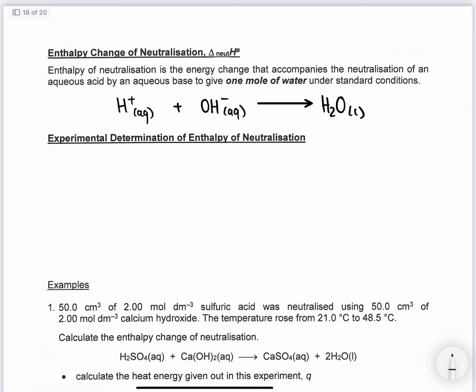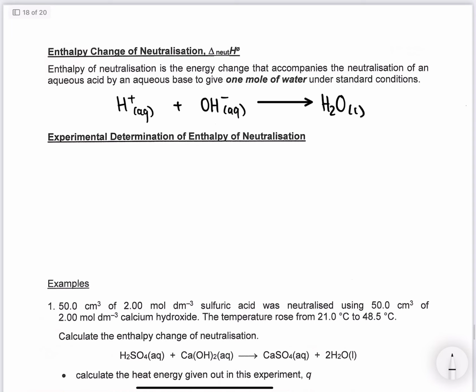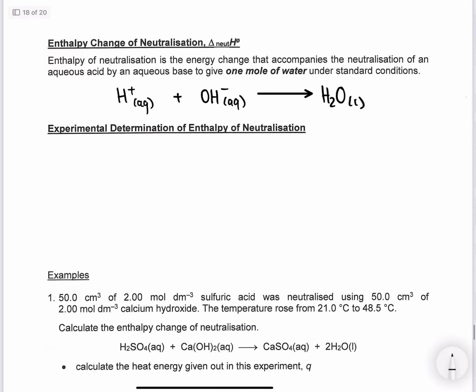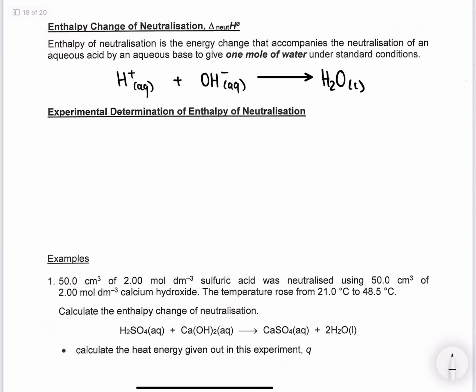So it's an acid-base reaction, and we're going to revise how you determine an enthalpy change. To determine an enthalpy change, you're going to need a polystyrene cup in a beaker for insulation and support, with a lid and a thermometer.